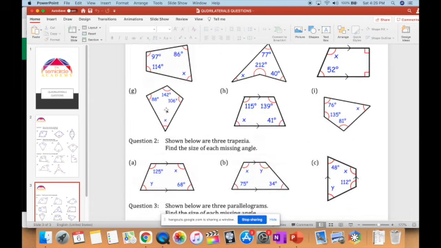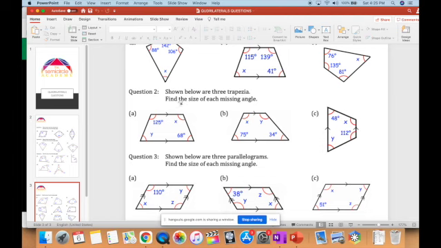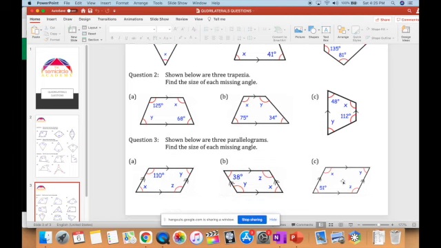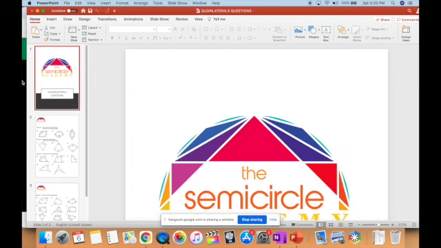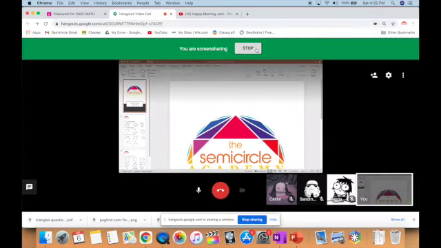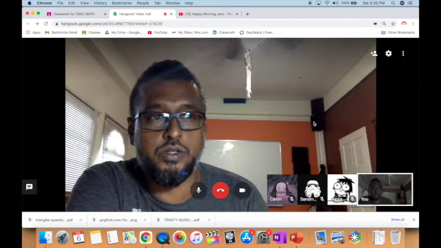It's just a bunch of angles you have to find. Below are three trapezia. Find the size of the missing angles. I mean, it's easy. Just find some angles and you're good to go. Nice? So next class, we'll be doing these questions on triangles and the questions on quadrilaterals.